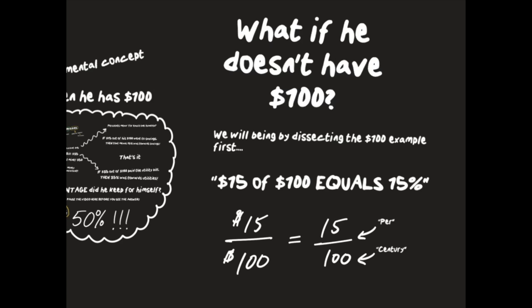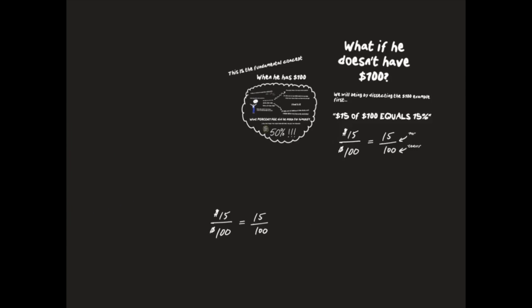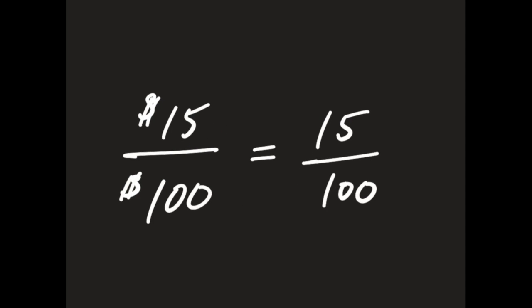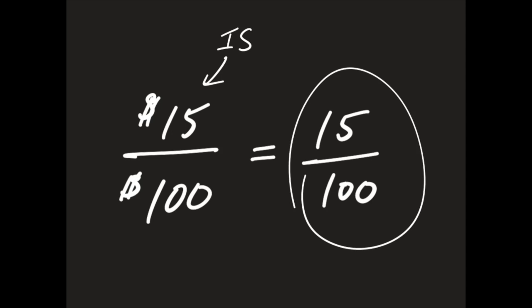All right, so we're almost ready to look at what happens if he doesn't have $100. So let's go back to this ratio that I have set up. I'm going to move it right about here. And let's think about what this means. This is letting me know that the $15 is 15% of 100.